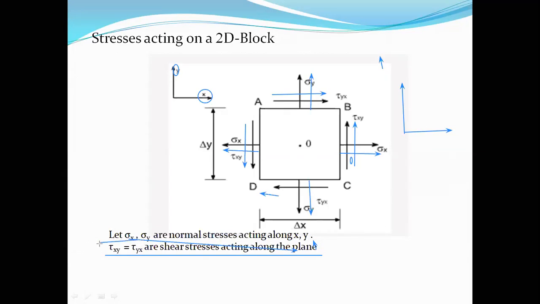That is, the shear stress acting on the x plane towards the y direction is equal to the shear stress acting on the y plane towards the x direction. Generally, they are equal. This is in brief about the stresses acting on a 2D block.